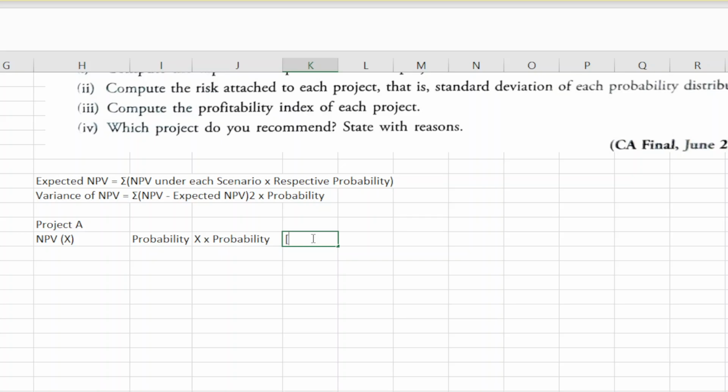Then X minus EX, where EX is nothing but expected NPV, whole square, into probability.